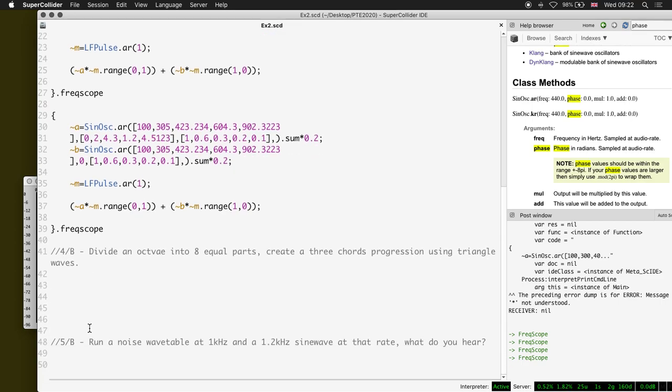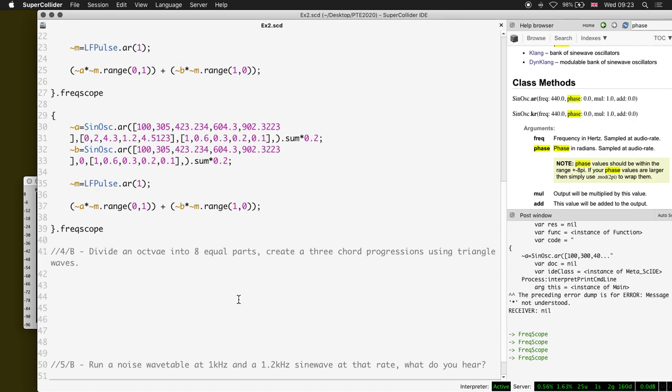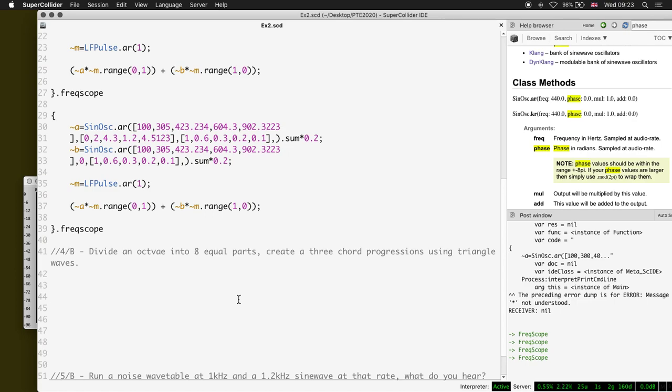Cool. 4. Divide an octave into 8 equal parts and create 3 chord progressions using triangle waves. Chord progressions. Okay, so that was in the previous video. How do we do that? Well, essentially an octave is a fixed multiplier across the spectrum.